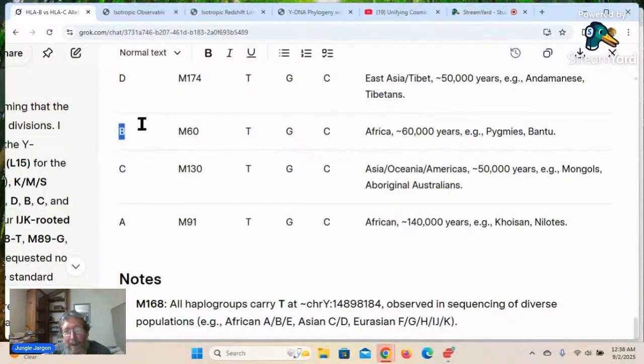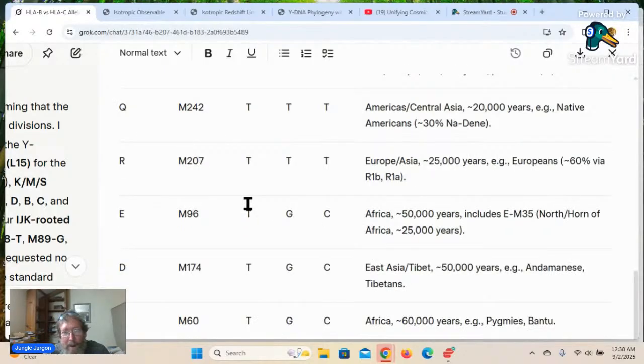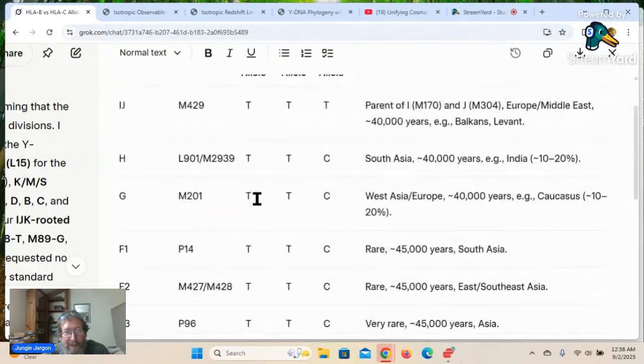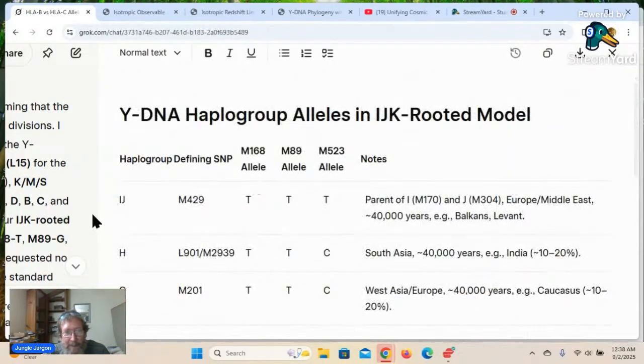That's no longer a problem because everyone has it all the way through A. Everyone has the same marker all the way through, according to this research that Grok said it looked up.